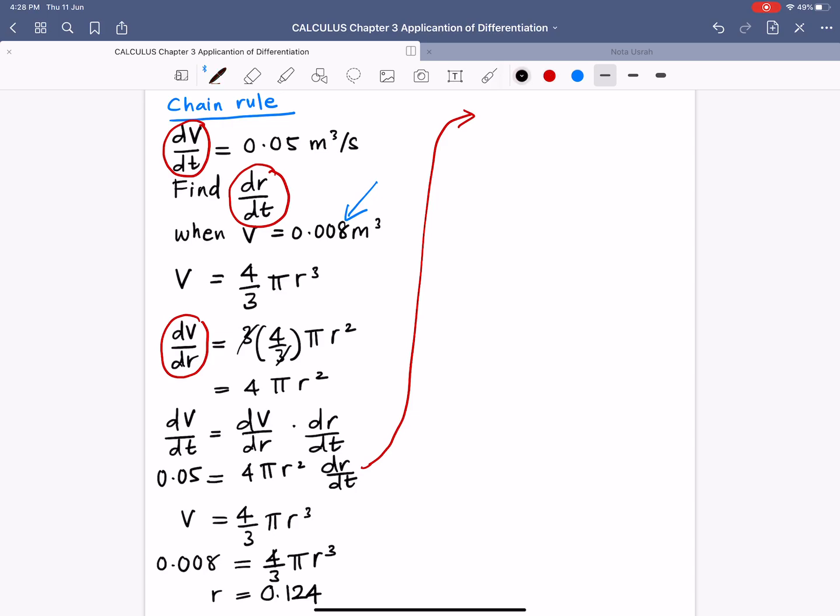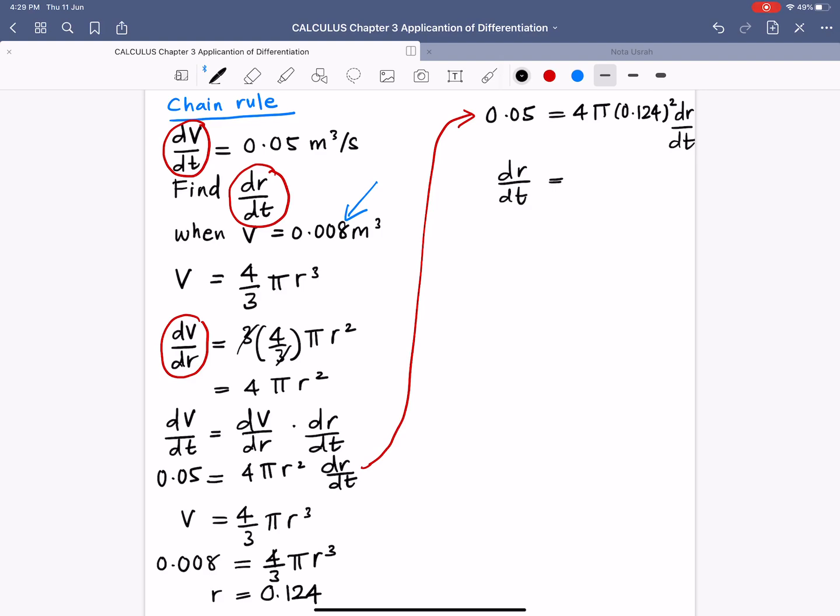So we have 0.05 equals 4 pi times 0.124 square times dr/dt. So from here you can find dr/dt.